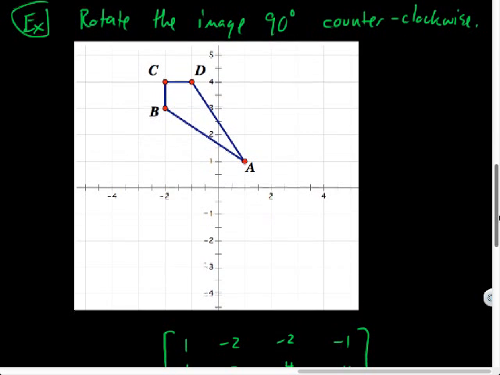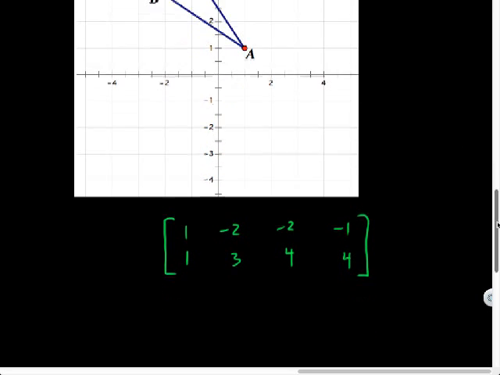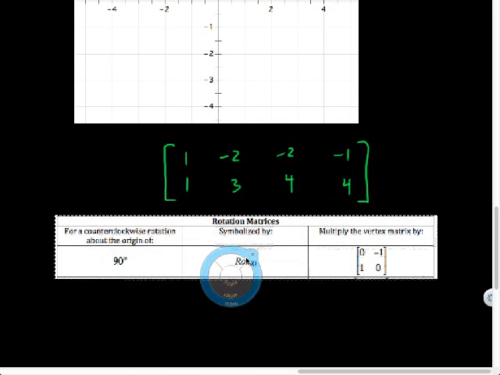Now we want to rotate the image 90 degrees counterclockwise. Turns out I've got a little matrix that's going to allow me to do that. It's going to be this guy. Once again, I don't expect that this is necessarily intuitive.